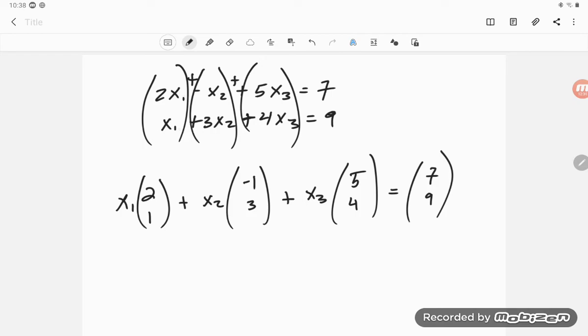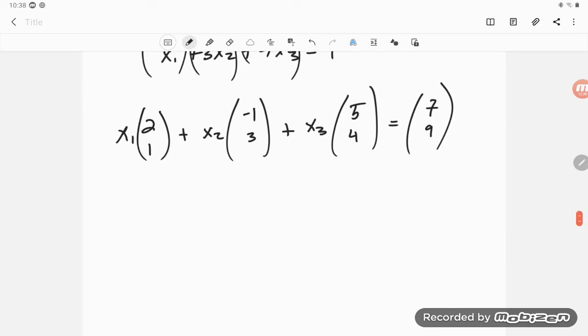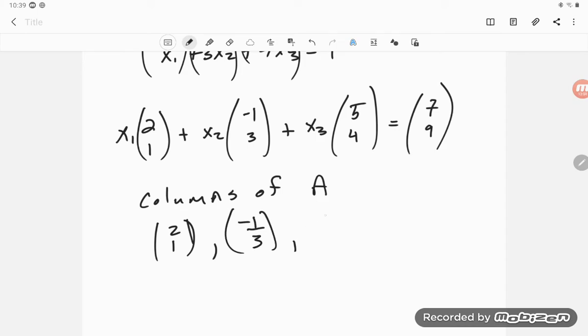Okay, so another way to look at this is that I'm taking a linear combination of the columns of A, right? So the columns of A are 2, 1, -1, 3, and 5, 4. Oops, sorry about that.